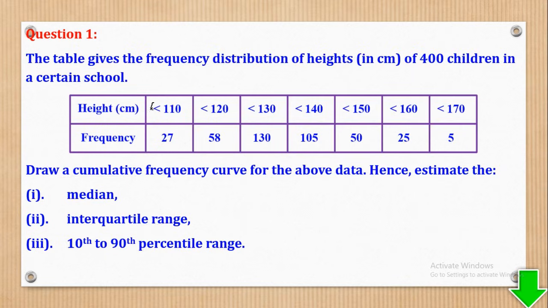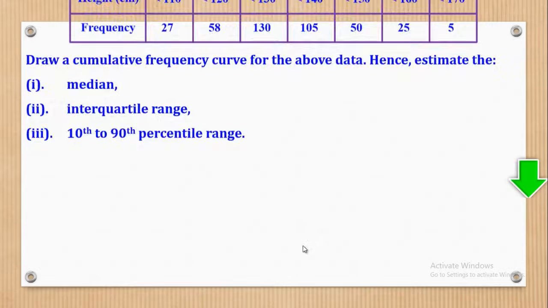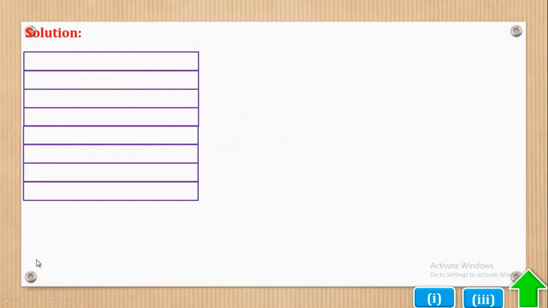Okay, when you see these inequalities, I believe by now you know how to deal with this, because this is an open class with only upper class limits.